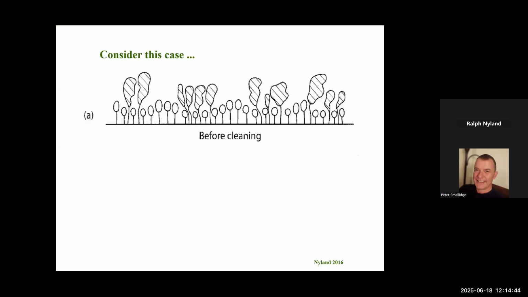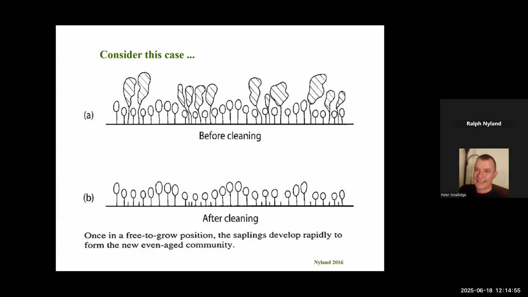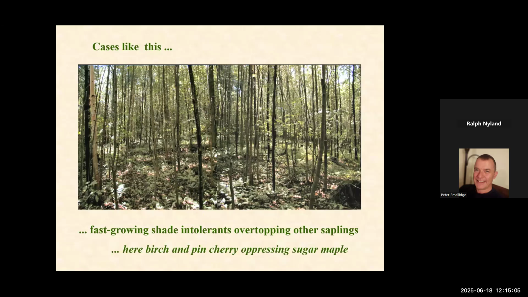Consider this case. Here's some species like pin cherry or striped maple overtopping desirable trees. And a cleaning would take off those overtopping trees to free the ones of comparable age to grow and develop into the future. Cases like this.